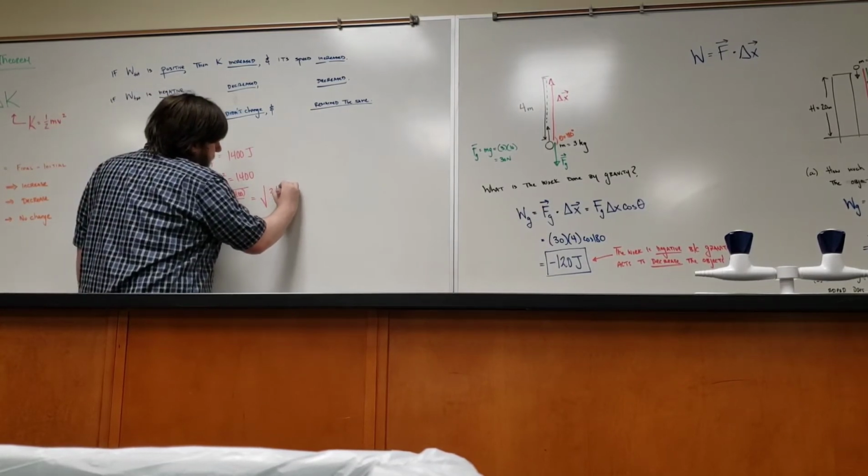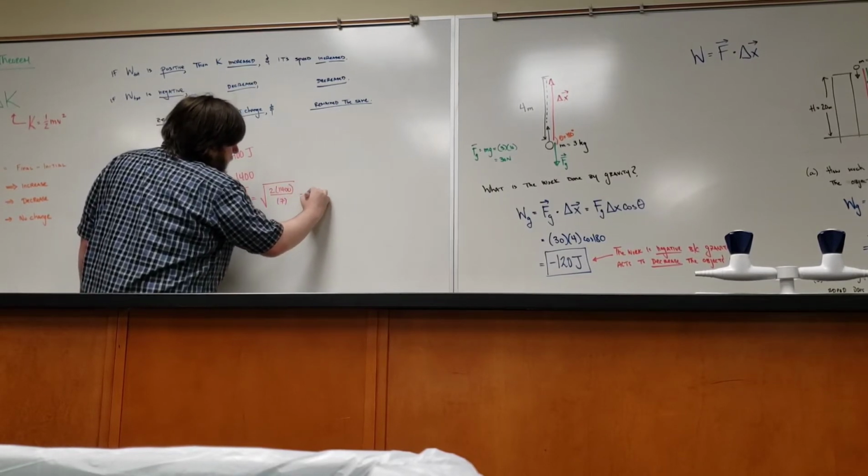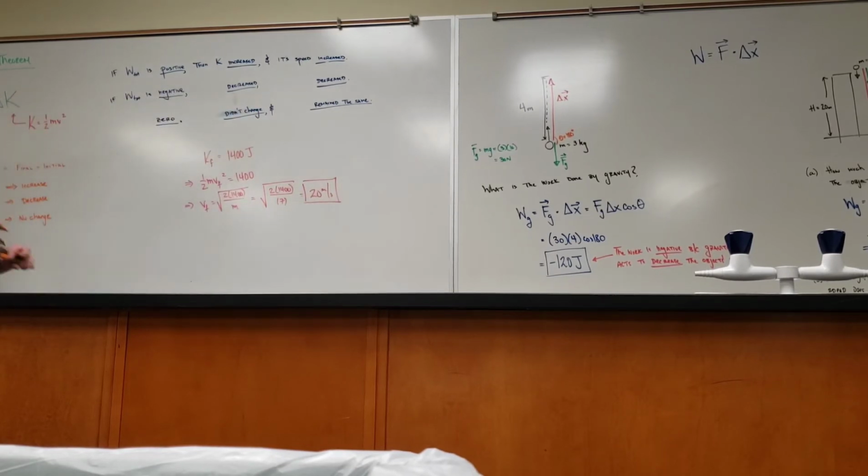So 2 times 1400 divided by 7 gives us 20 meters per second. So the speed that the mass has right before it hits the ground is 20 meters per second. Okay? Any questions?